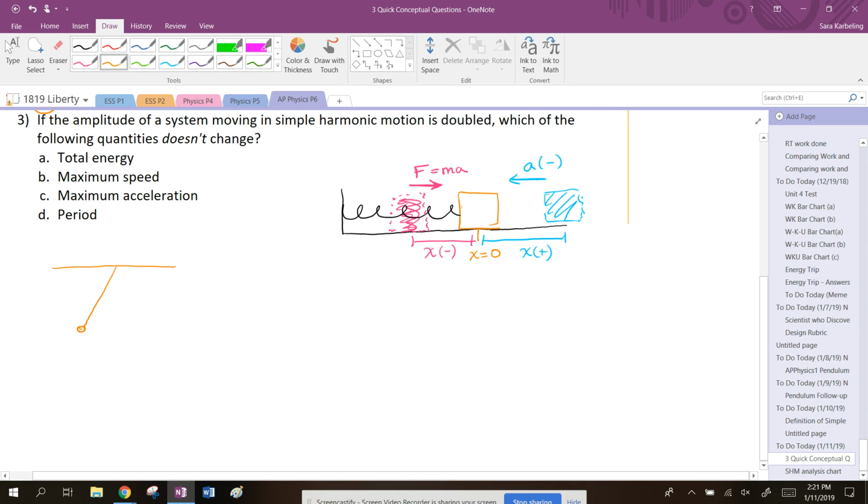How many of you have ridden on a swing before? Have you ever noticed, like I remember this from when I was a little kid in elementary school, that you can have two swings that have the same period, like they go back and forth together, and you and your best friend might be swinging together at the same rate. What do you know then about the lengths of those swings?